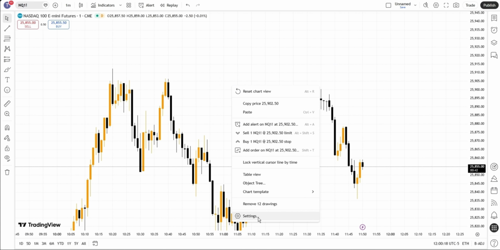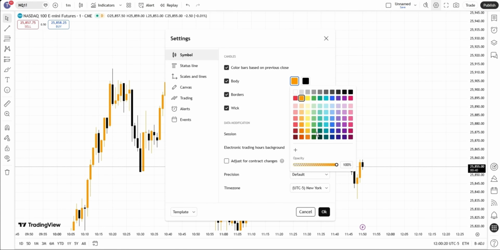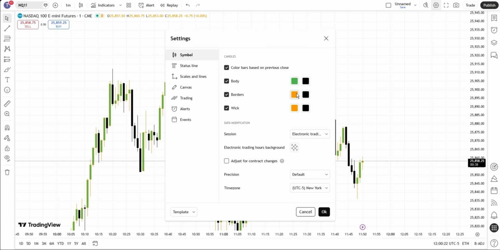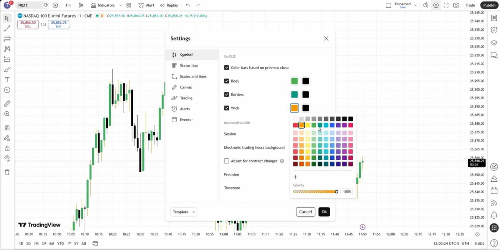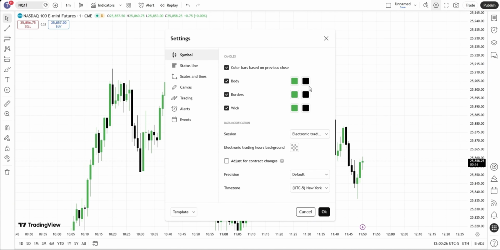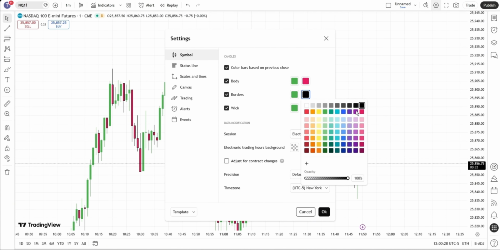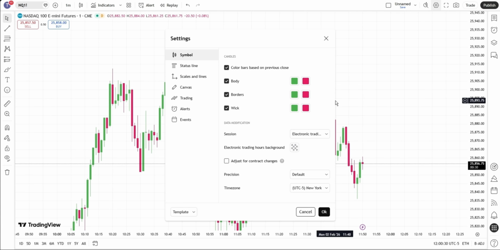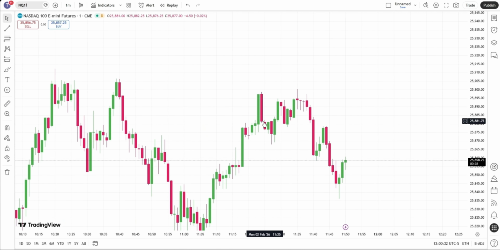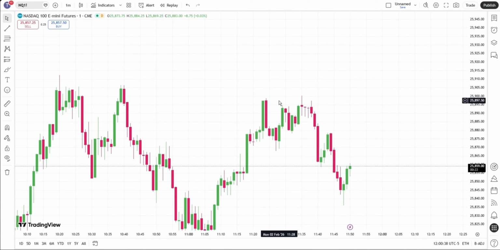And obviously, I'm gonna go back to settings because I should have explained that before I changed the colors, honestly. I'll just change it back real quick. So as you can see in here, these red candles mean price went down, and these green candles mean price went up.